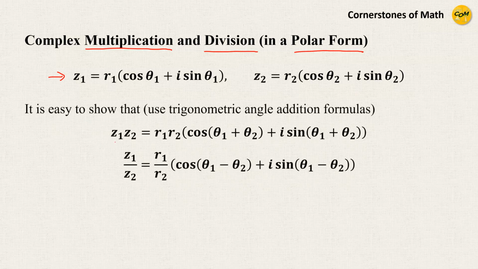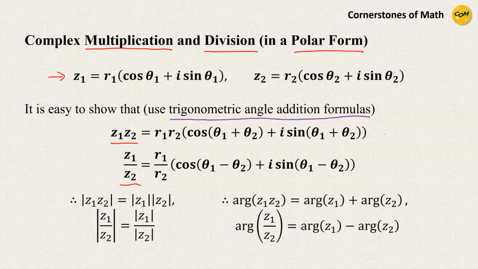Then it can be easily shown that the product Z1 Z2 is equal to R1 R2 times cosine of theta 1 plus theta 2 plus i sine of theta 1 plus theta 2, and the quotient Z1 over Z2 is equal to R1 over R2 times cosine of theta 1 minus theta 2 plus i sine of theta 1 minus theta 2. You can easily prove this using angle addition formulas from trigonometry.